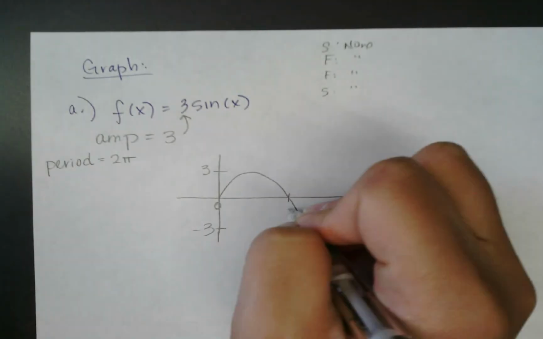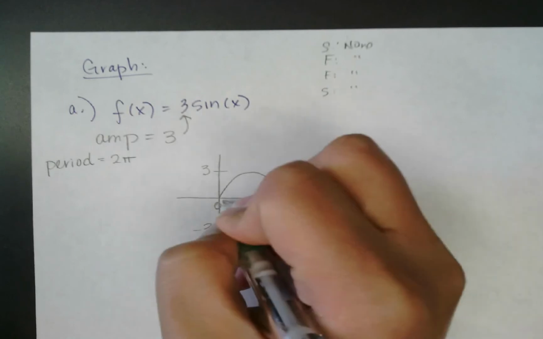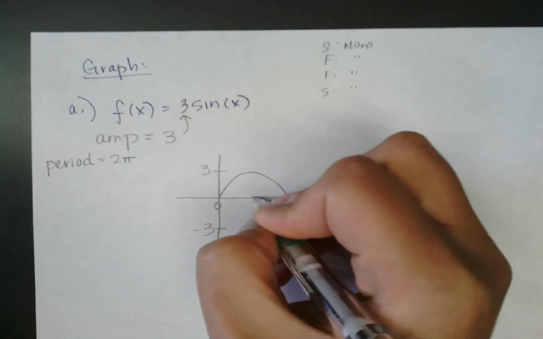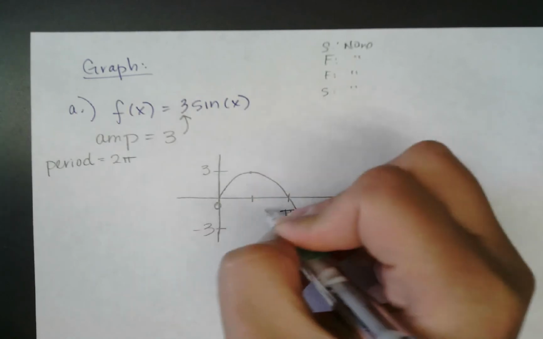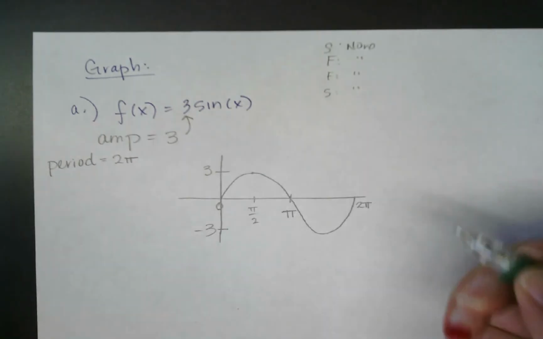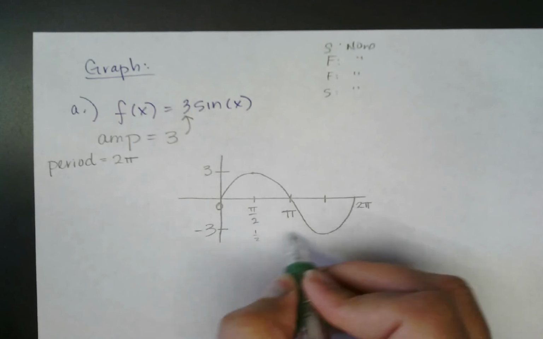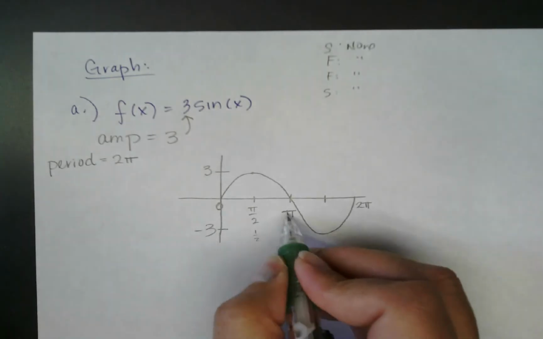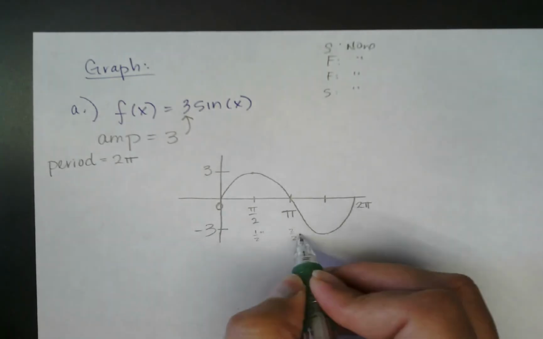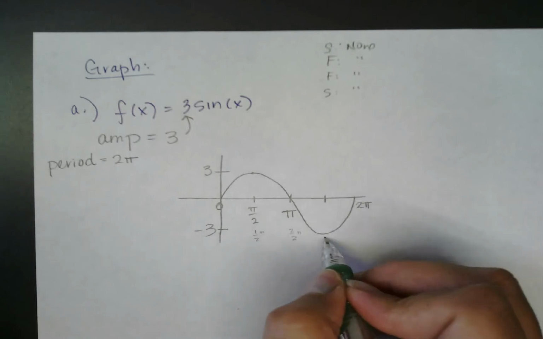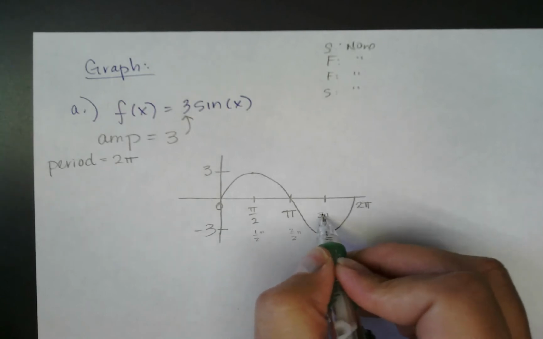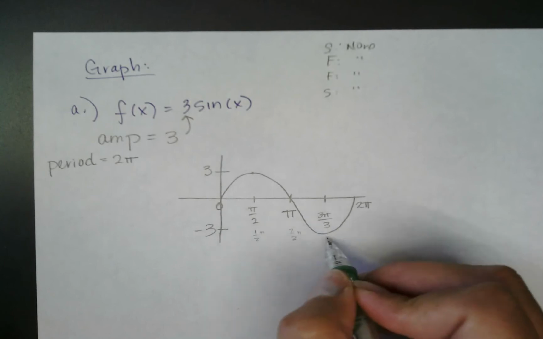Half of 2 pi is pi, and halfway between 0 and pi, that peak, is pi over 2. Then counting halves, 2 halves simplifies to 1 whole. Remember, there are pi's attached to these. 3 halves, so I'm literally counting halves, is 3 pi over 2.